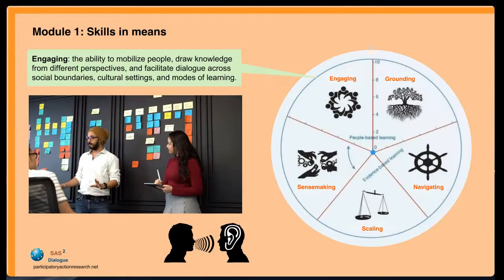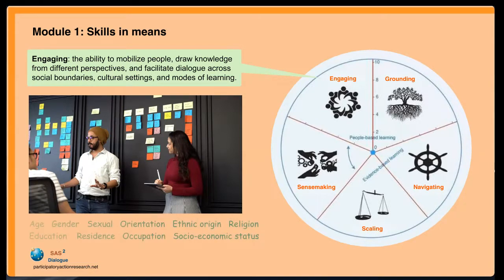Identifying and building on differences in views and knowledge is equally important. They may affect how individuals and groups assess the same issues. On this point, knowing which are the key factors that differentiate people in a given context is not always easy. Possible factors include age, gender, sexual orientation, ethnic origin, religion, education, the place of residence, or someone's occupation or role in an organization.